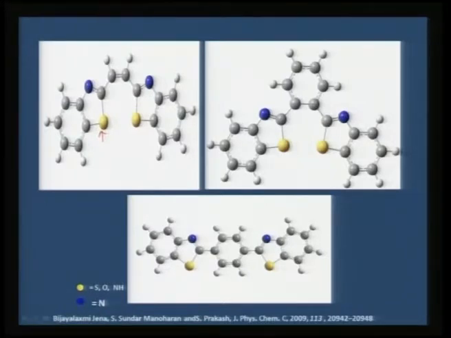Now when you have two of these planar molecules, you can try to have an extended pi conjugation by introducing a linker molecule such as ethylene, or a linker such as a phenyl group. So either ethylene or phenyl group can be used to provide an extended pi conjugation.